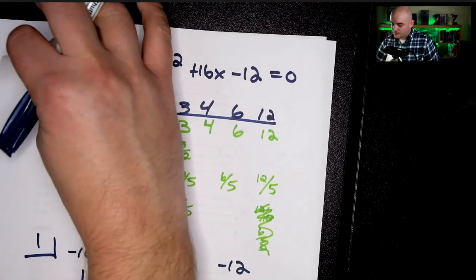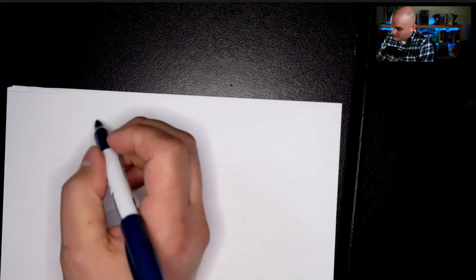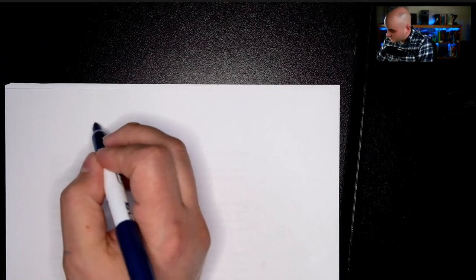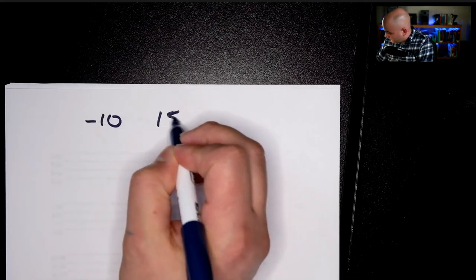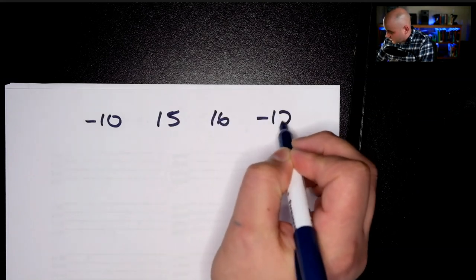Let's look at 2. See, I know the answer, so I could cheat here, but I'm not. I want to show you that I also go through the pain of trying to figure out where my rational root is. So once again, -10, 15, 16, -12.